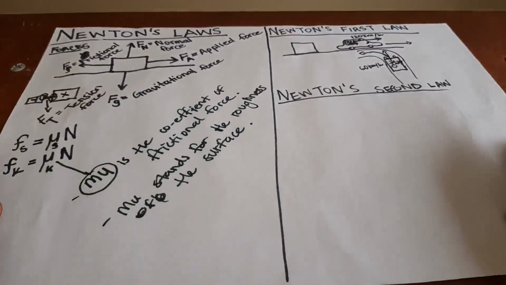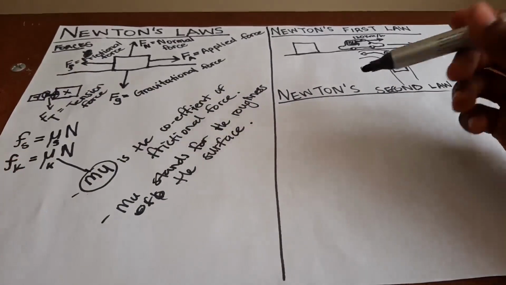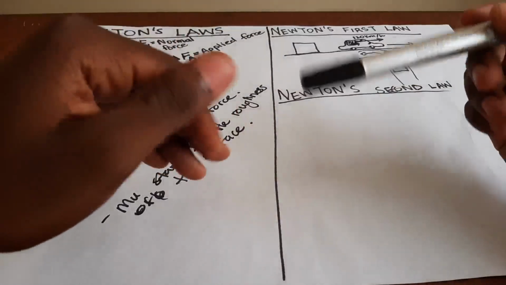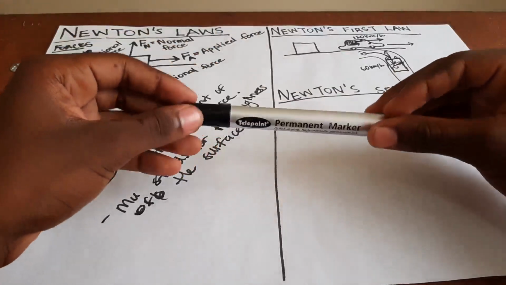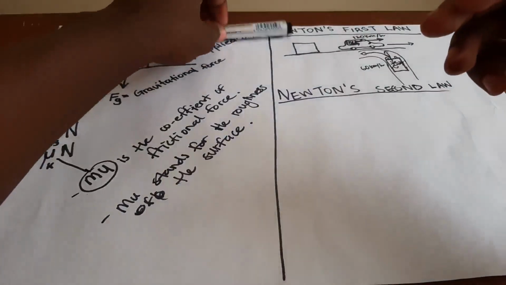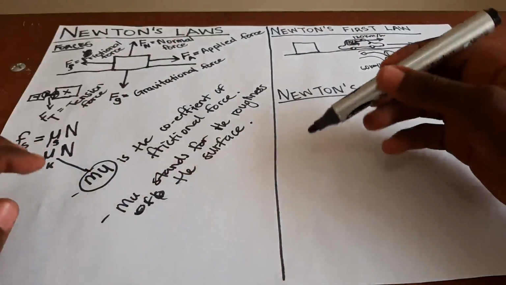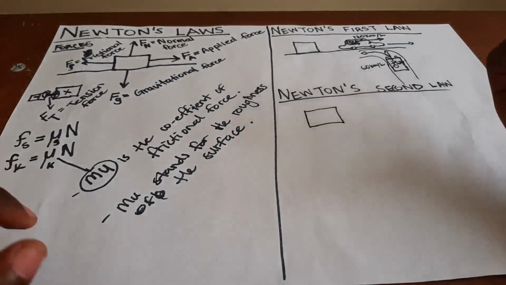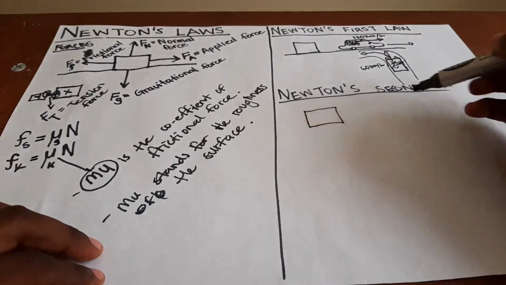Again, Newton's second law states that when a net force is applied, meaning all the forces that are applied on an object, the object will accelerate in the direction of the net force.